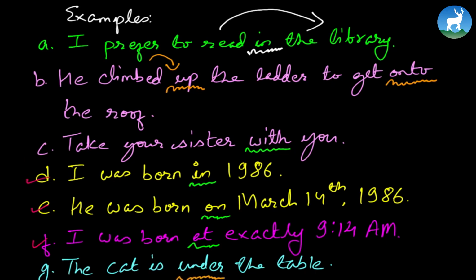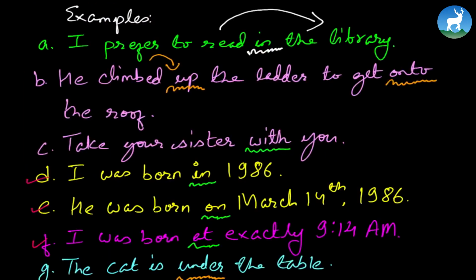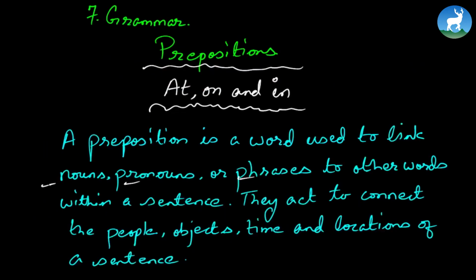So see, just like the definition says, a preposition is a word used to link nouns, pronouns, or phrases to other words within a sentence. All these prepositions are linking the words together to form a perfect sentence. They act as a bridge, connecting the people, objects, time, and locations of a sentence.